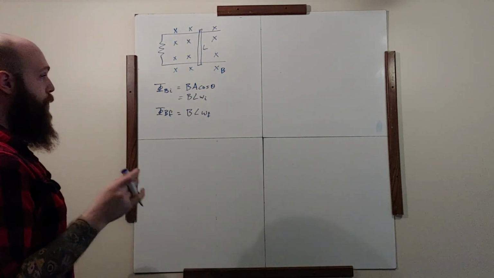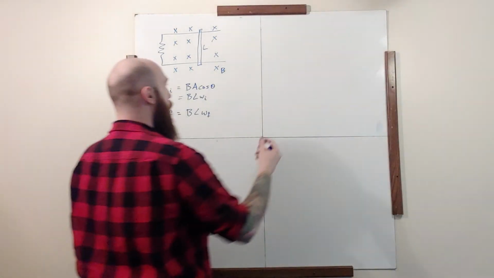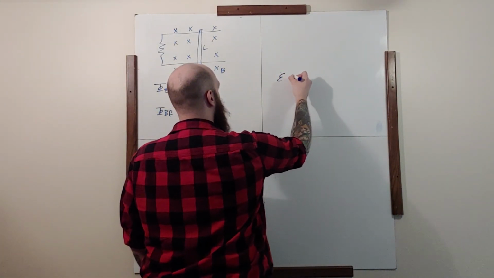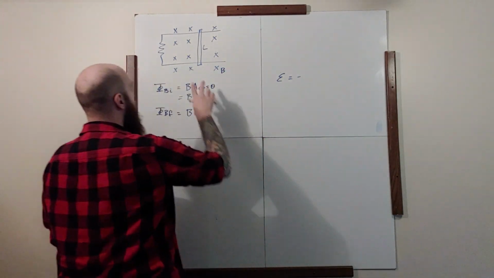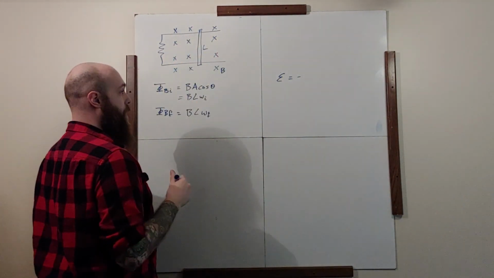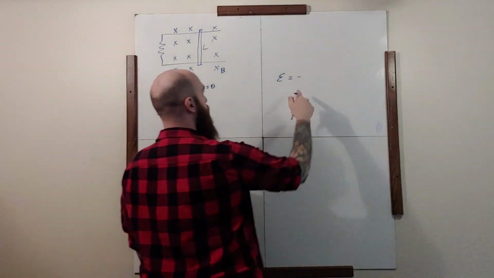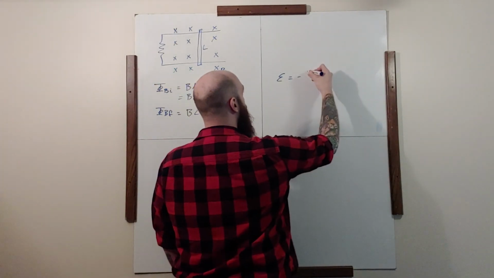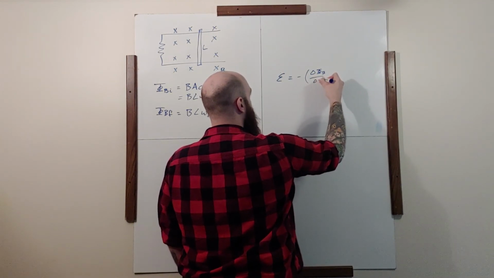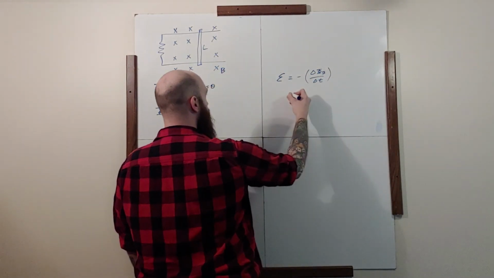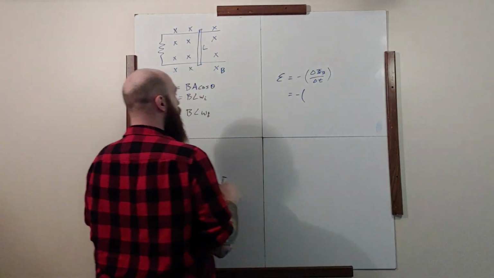So now we have these 2 fluxes we can plug into Faraday's law. Faraday's law says that your EMF is negative N, and we only have 1 loop in here, so I'm going to leave that N out. So it'll just be negative times 1 of our change in flux over our change in time. So we just plug in.